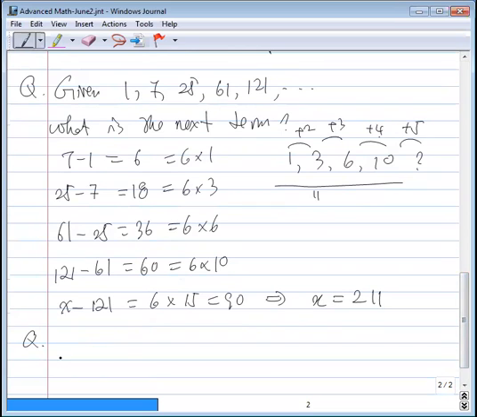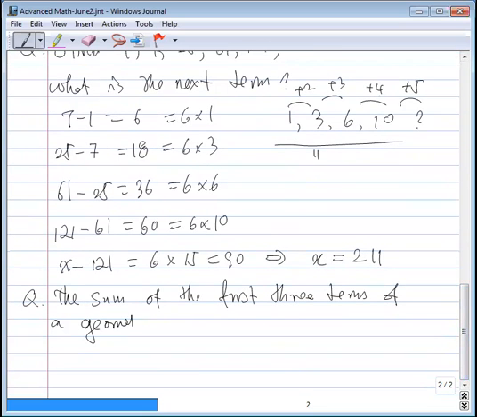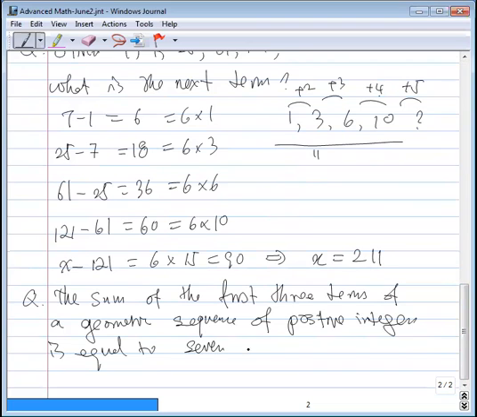We know it's a geometric sequence, okay? The sum of the first 3 terms of a geometric sequence of positive integers is equal to 7 times the first term.